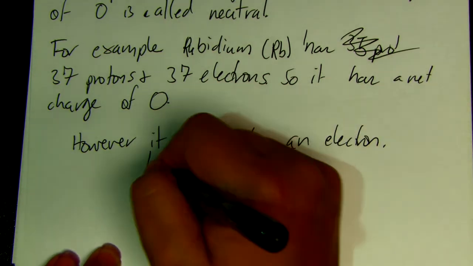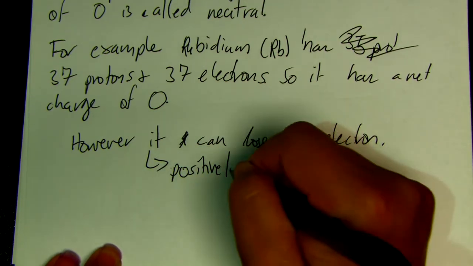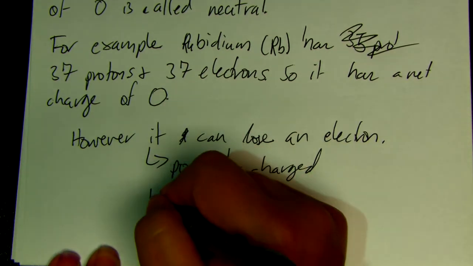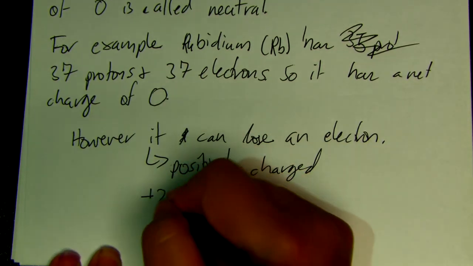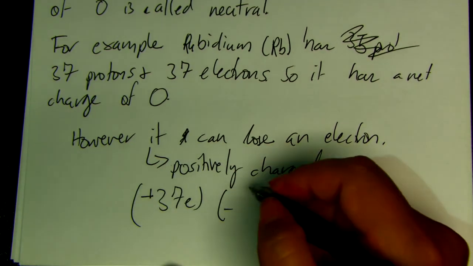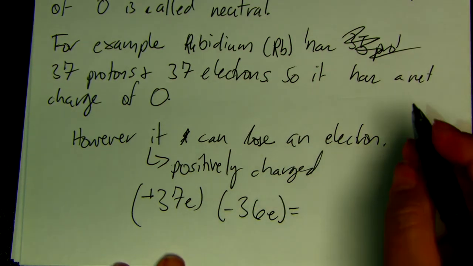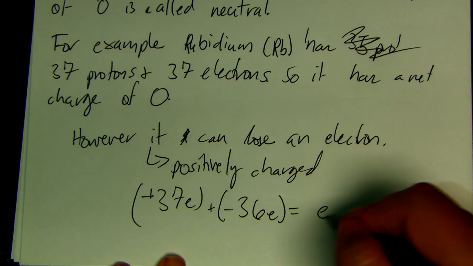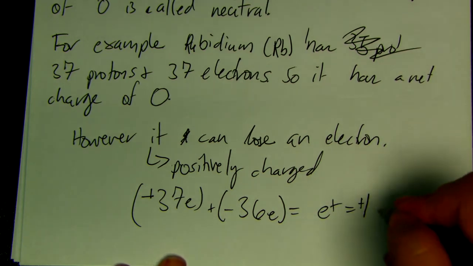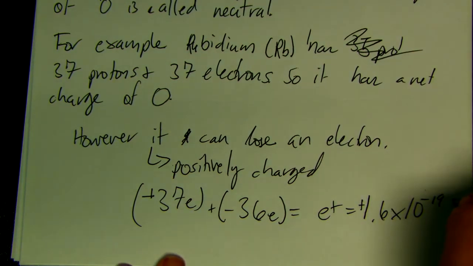And when that happens, it is now positively charged. So then you would have plus 37e minus 36e, which is plus 1.6 times 10 to the minus 19 coulombs.